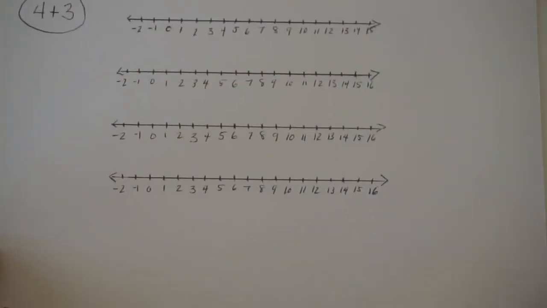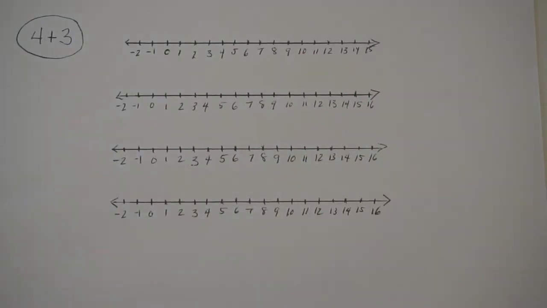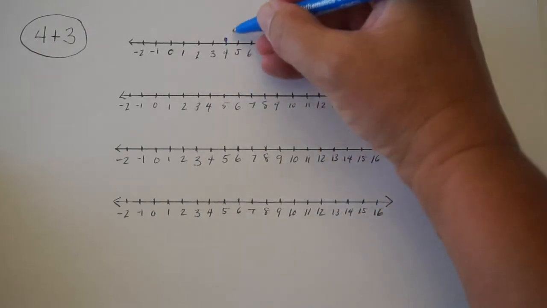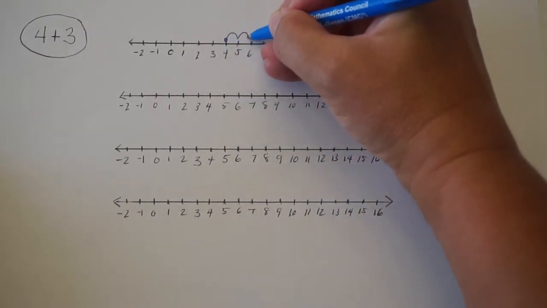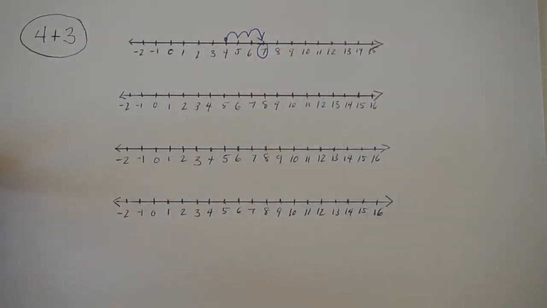And at first, I'll just reiterate that there are many ways you can do this. Some teachers might help their students by saying, this is 4 plus 3. Let's start at 4 and count 1, 2, 3 more. So the answer to 4 plus 3 is 7. Obviously this is not the model I just showed you, but this is how this is sometimes done in the classroom, and it works.